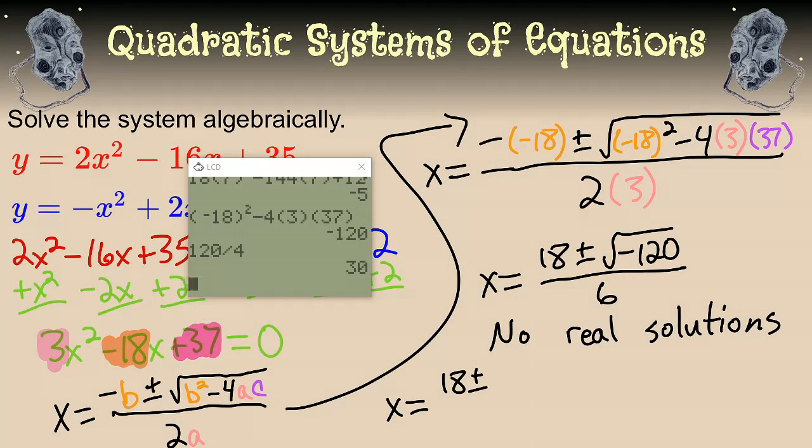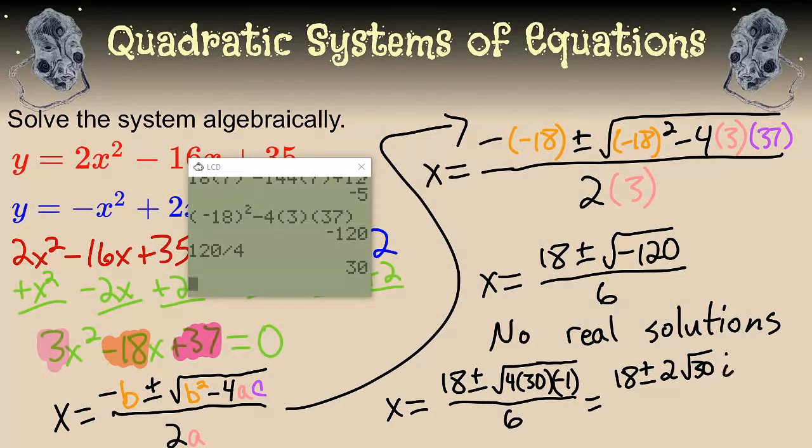So we can pull out the negative 1 underneath that square root. The square root of 4, let me do it this way. So this is going to be the square root of 4 times 30 times negative 1, over 6, which equals 18 plus or minus 2 square root 30 i. The i is not underneath the square root. All over 6.